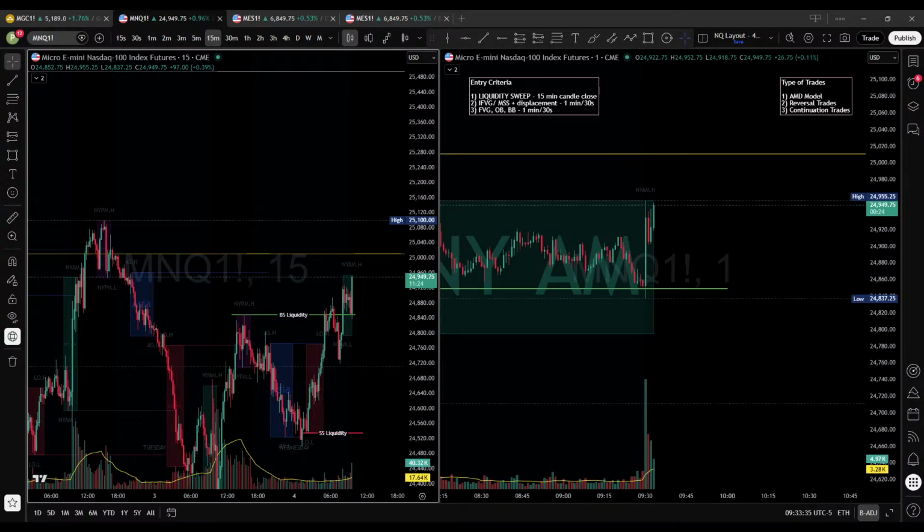I have taken 2 contracts long on MNQ. I'll try to hold it till the first 15-minute candle close.